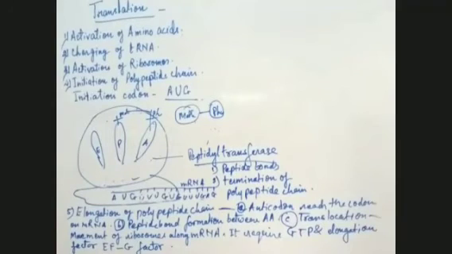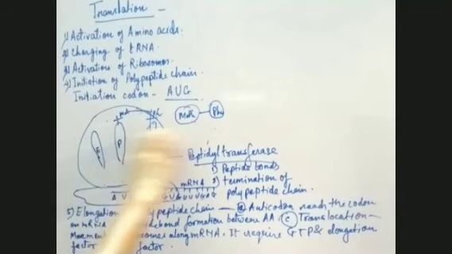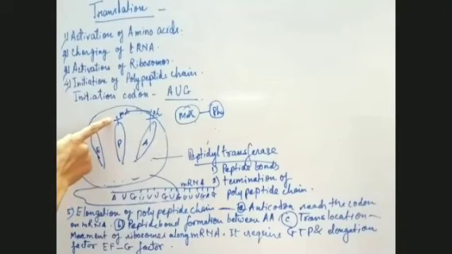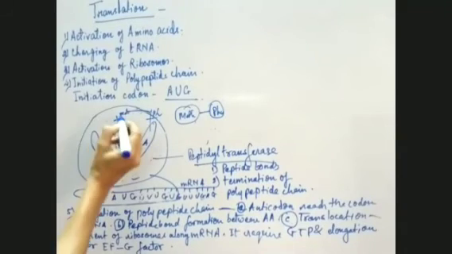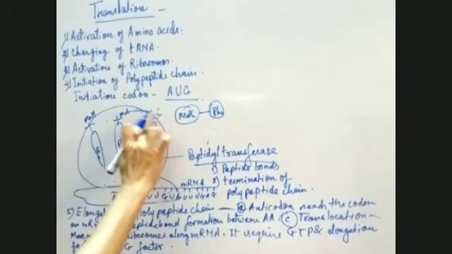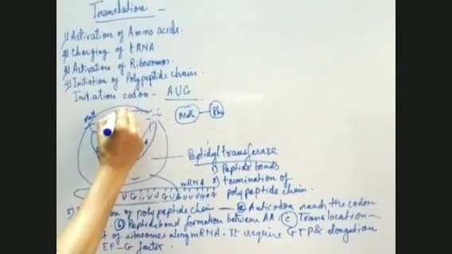So when translocation takes place because of the movement of ribosome, what will happen? Some change will also take place. And what is that change? During translocation, when this ribosome shifts from here to here, this transfer RNA, which is at the P site, with a jerk, this methionine comes to the P site, and this phenylalanine comes to this side.